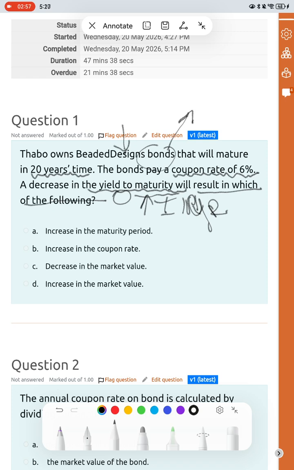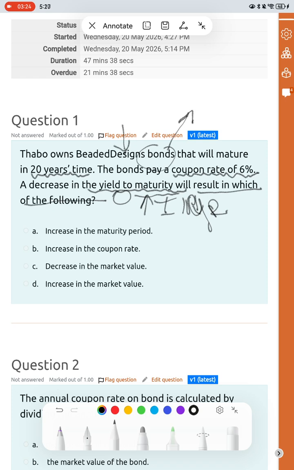So basically, this relationship happens because investors are willing to pay more for bonds that are older and offer higher coupon rates compared to the new bonds that would come in at lower market rates.